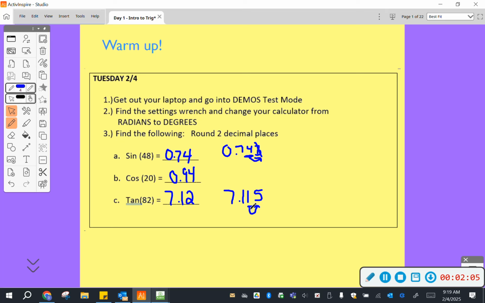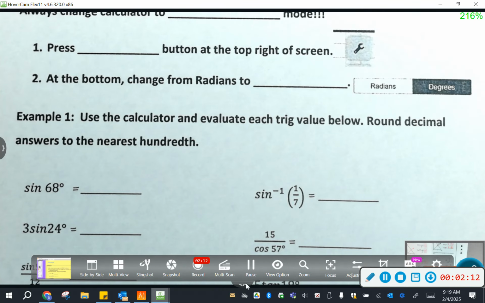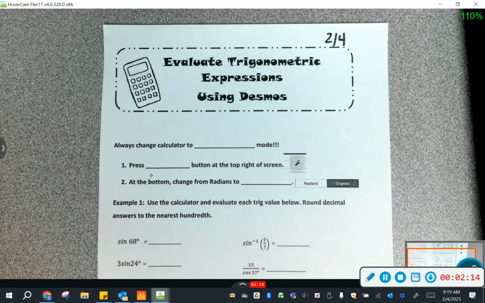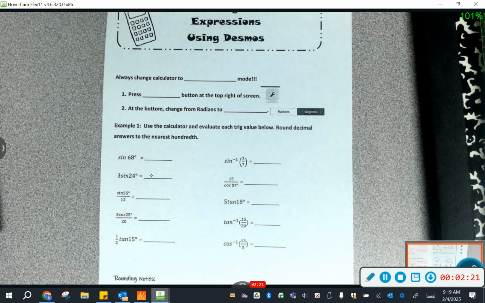All right, so what I would now like you to do is I'm going to hand you this paper right here. I would like you to fill out the top, see if you can fill in the blanks, and then I want you to do these problems. Use your laptop.